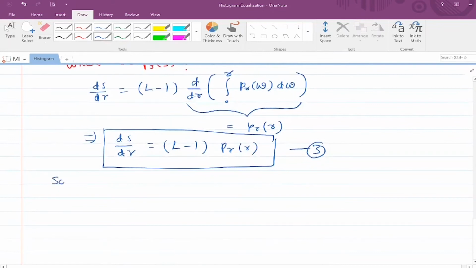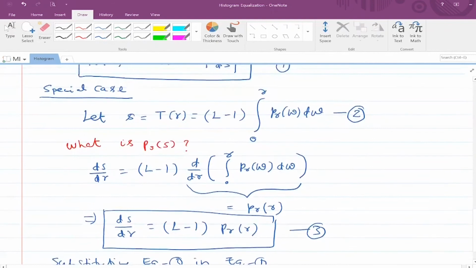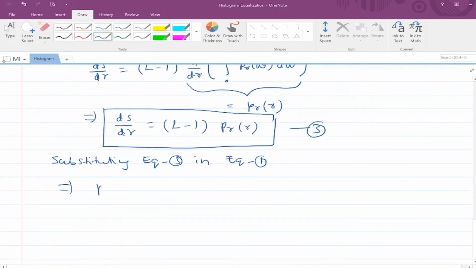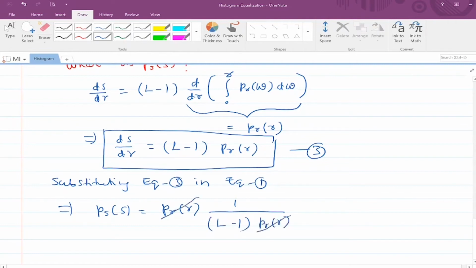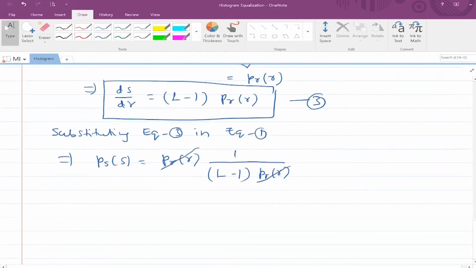So substituting equation number 3 in equation 1, what are we going to get there? The probability density function PS of s is equal to PR of r into the absolute value of dr by ds, so take the inverse of it, which would be equivalent to 1 by L minus 1 into PR of r. So these two are getting cancelled for any given value of r.